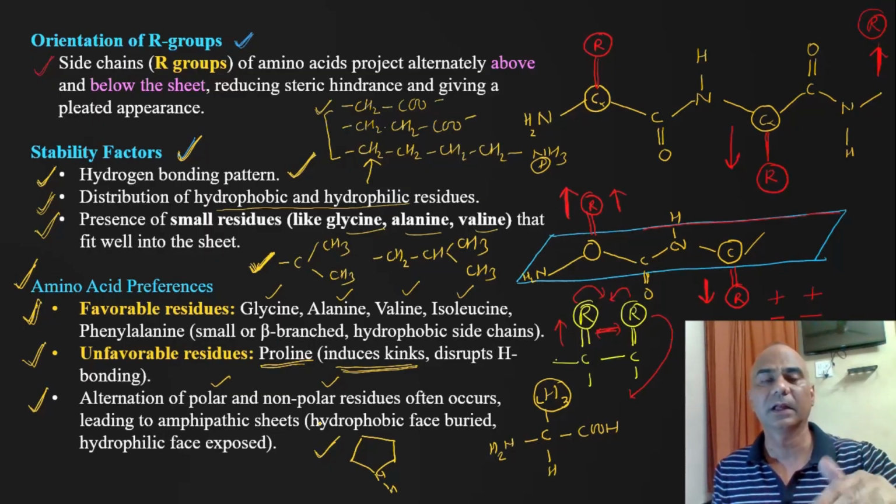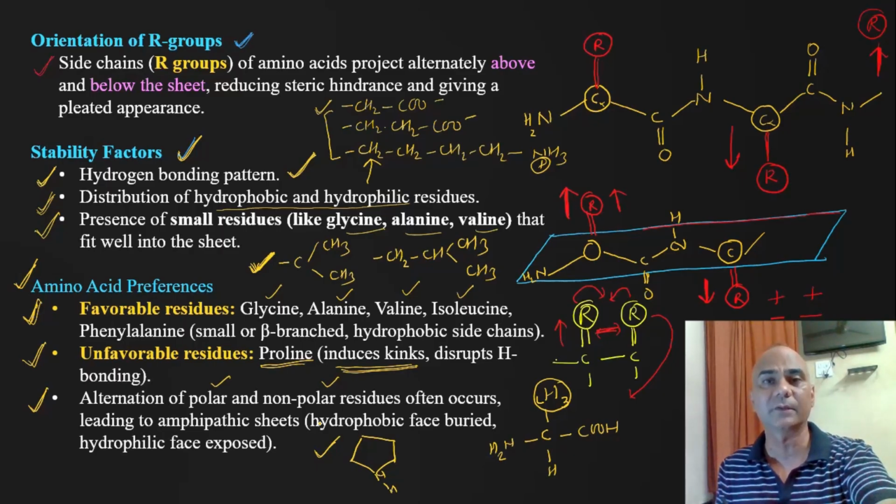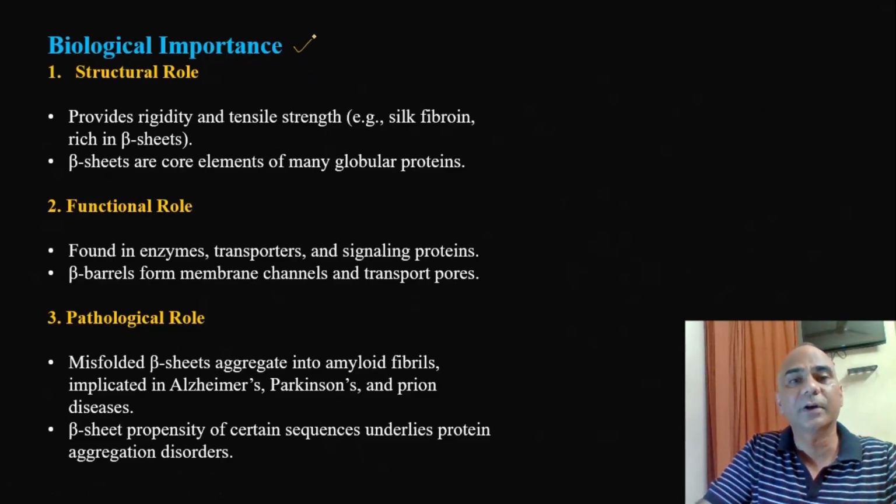If a molecule has both natures, hydrophilic as well as hydrophobic, such molecules are called amphipathic. So, a beta pleated sheet may be amphipathic in nature if it consists of hydrophilic and hydrophobic amino acids.